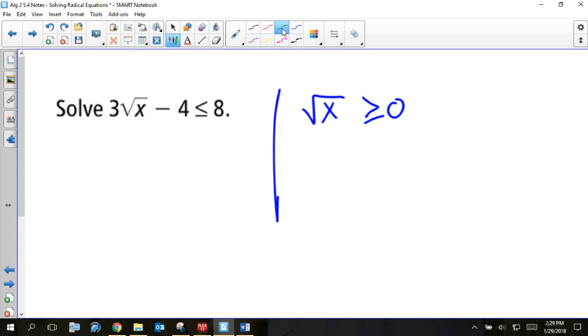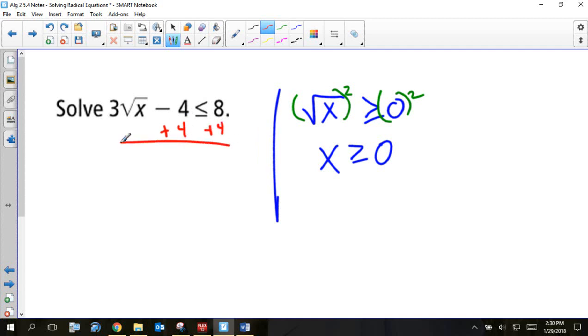I'm just going to solve the blue one first. It looks really easy to solve. x has to be greater than or equal to 0. Square both sides, x is greater than or equal to 0. On the other side, what are we going to do first? We're going to add 4 first.